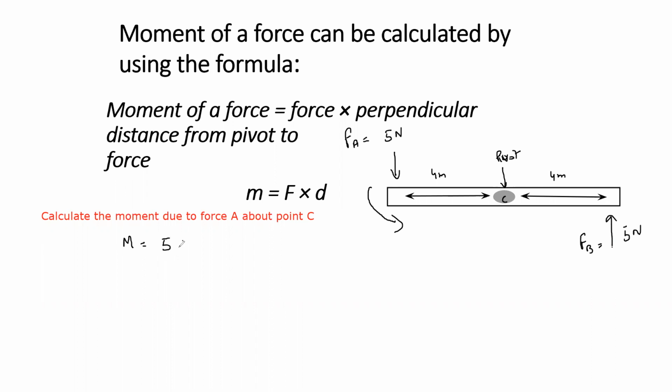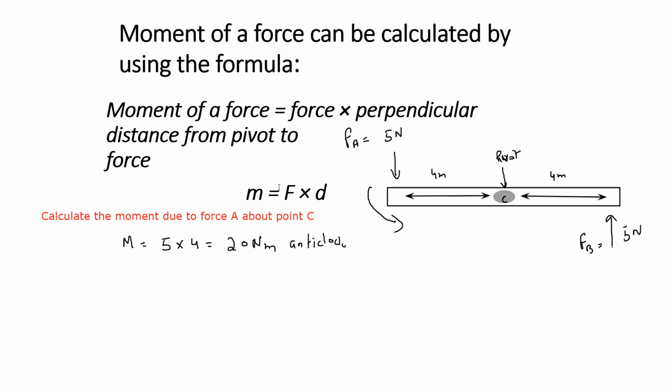So the force is 5 and the distance is 4. So 5 multiplied by 4 equals 20 Newton meter. And what is the direction of this moment? Clockwise or anti-clockwise? Yeah, that's good. It is anti-clockwise.